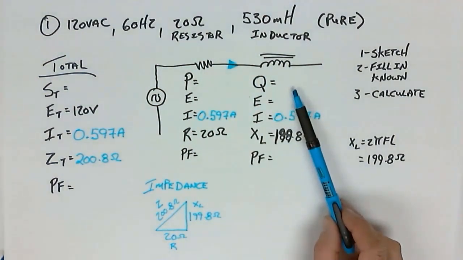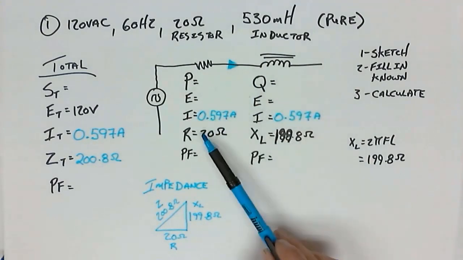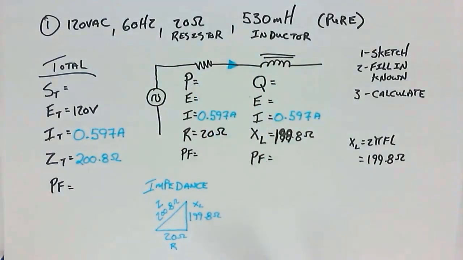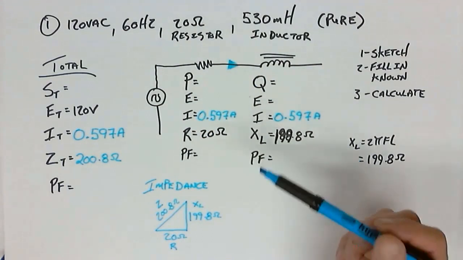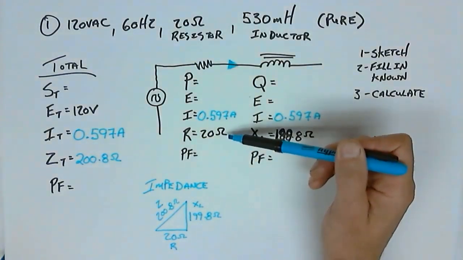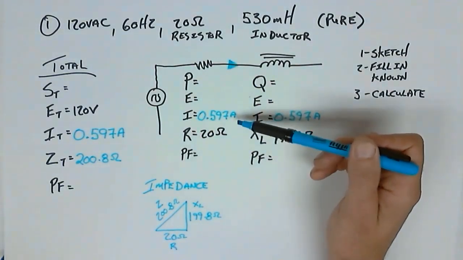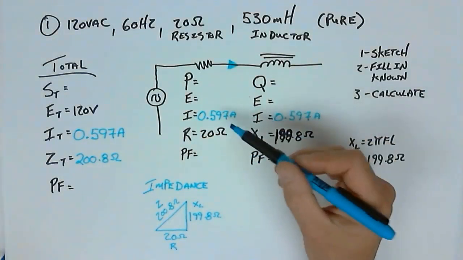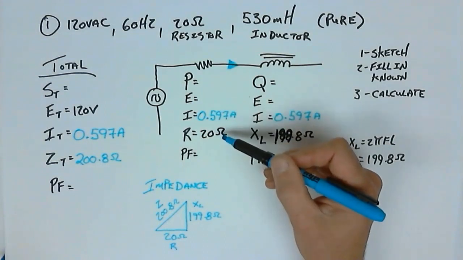In the inductor's situation, it would be VARs. In the resistor's position, it would be watts. So what process do we go through in order to calculate that? You have a choice, but I'm saying let's make this easy. If you know the resistive ohms and the current, can we not just use our calculation I squared times ohms?